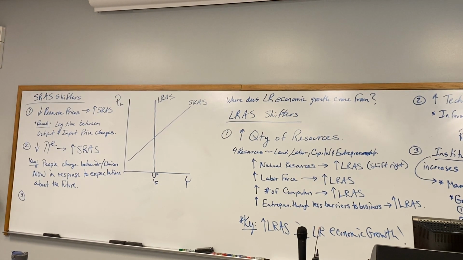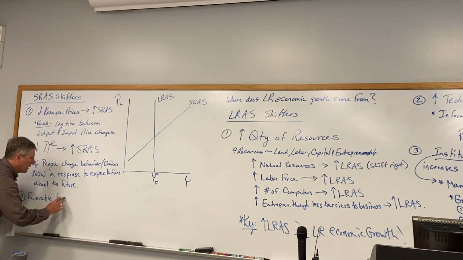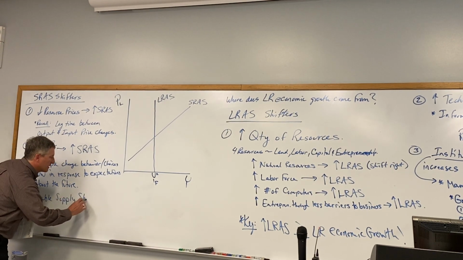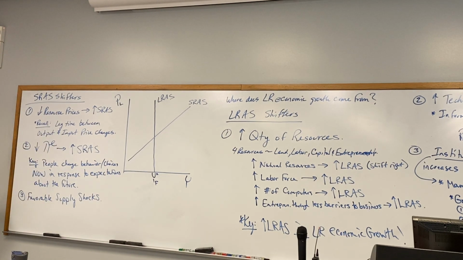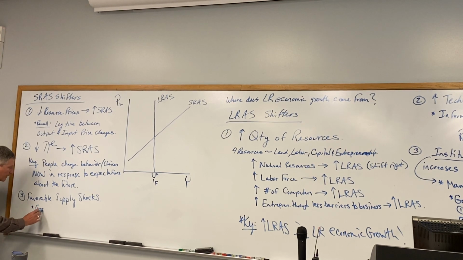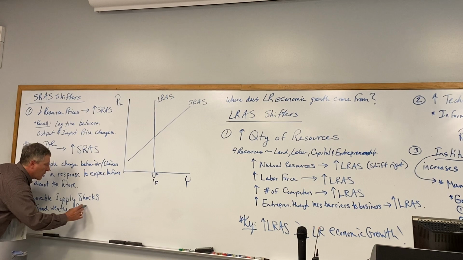Number 3. Favorable supply shocks. So this could be something like good weather. Good weather for crops.